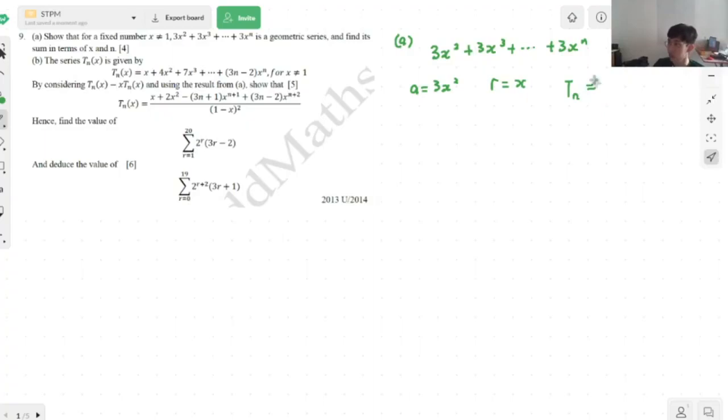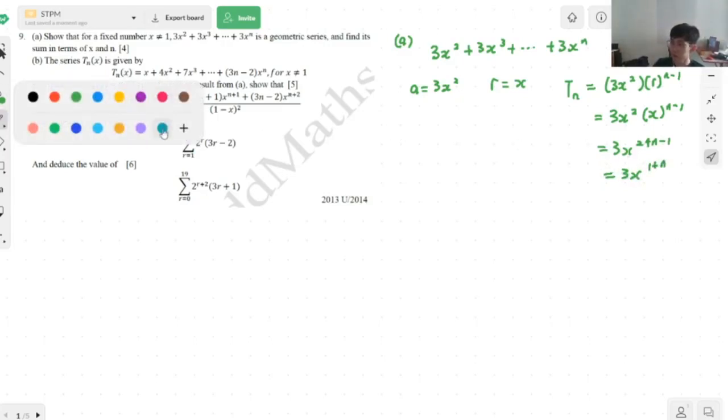So tn term is a r^(n-1). So in this case, 3x squared, your r is x power n minus 1. So it will be 3x^(2+n-1). So you get 3x^(1+n). This is your tn term.